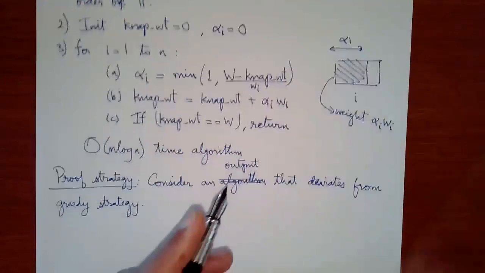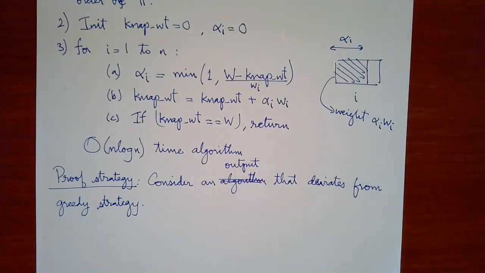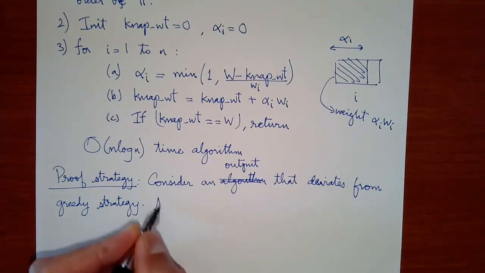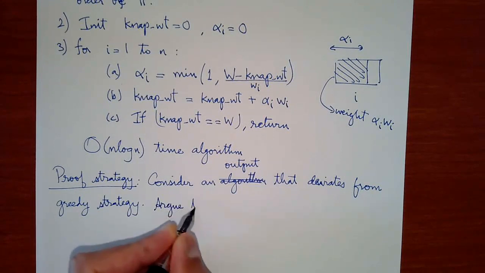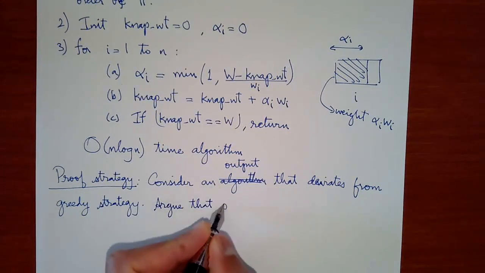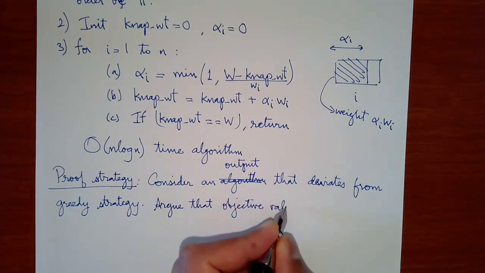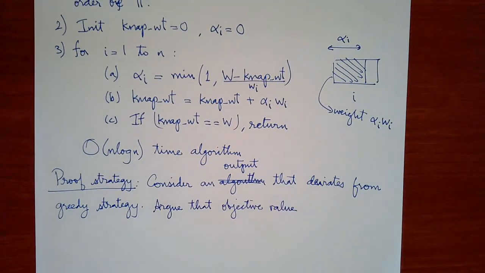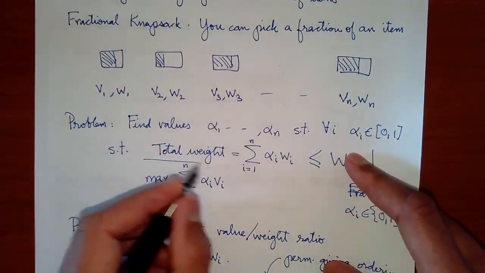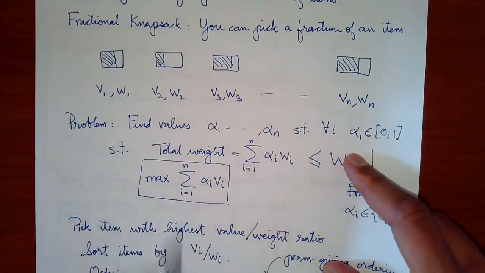So if you consider an output that deviates from the greedy strategy, argue that the objective value, and so what is the objective value? This is the objective value here, right? Maximizing that quantity.